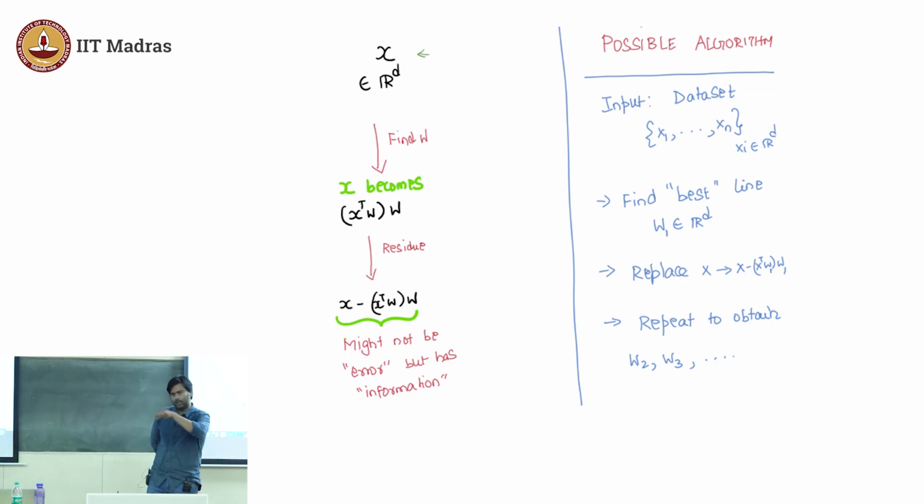Okay, so let me ask it differently. Let's say initially you started with a data set in 3 dimension, but then all the data points were along the same line. Let's say you got lucky. Now, if you find w, you would be able to find that line, obviously, right? So, now what would be your residues?